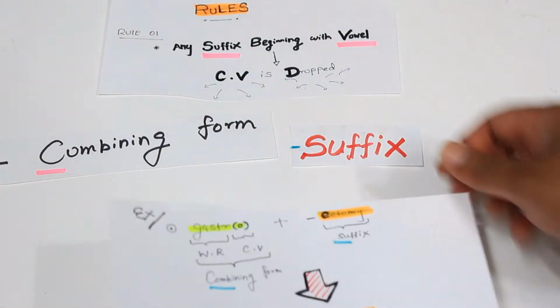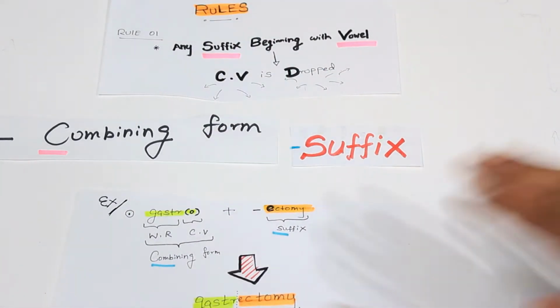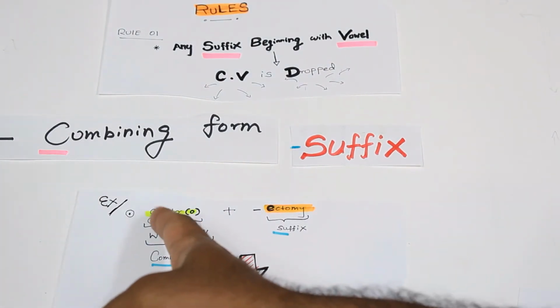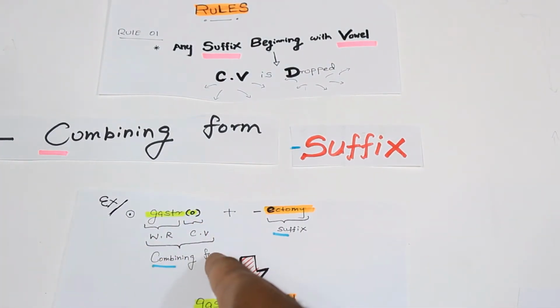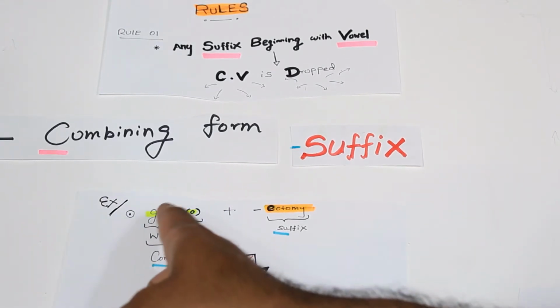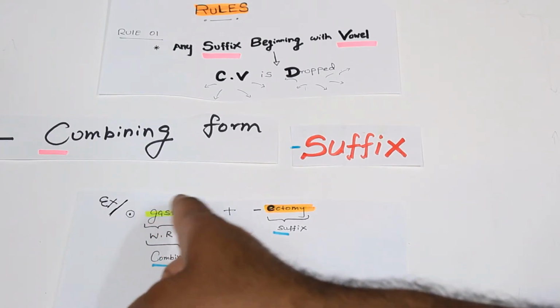Take a look at this example. This is a combining form: the word root is gastr and the combining vowel is O, so this is gastro.